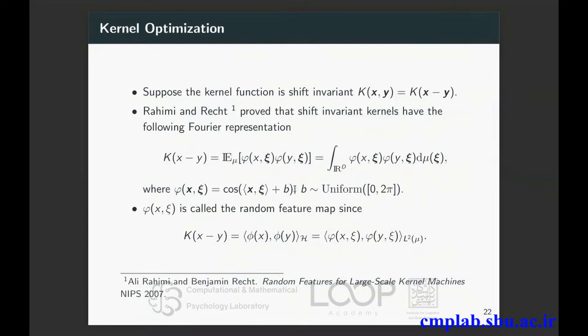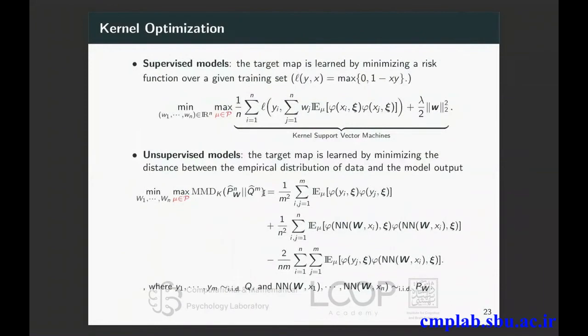Here you have a bunch of random variables, and this distribution is the distribution of these random variables. So I can go back, and instead of optimizing over the kernel, I can optimize over some distribution, and I can replace the kernel with this expectation from the previous slide.